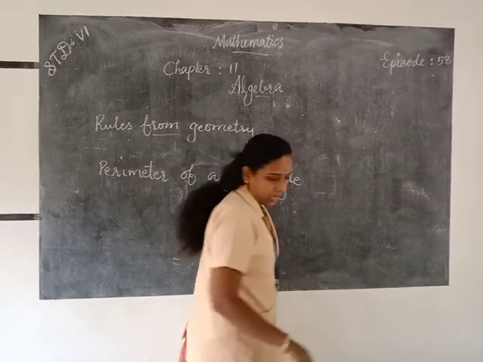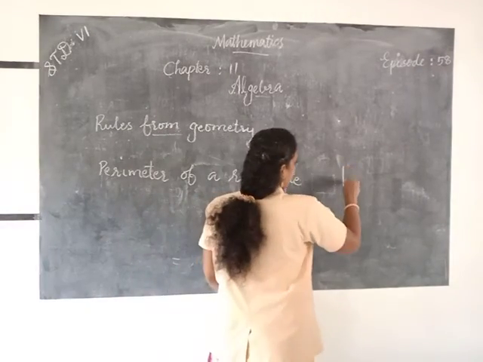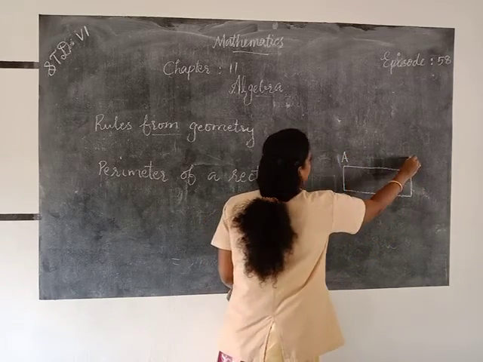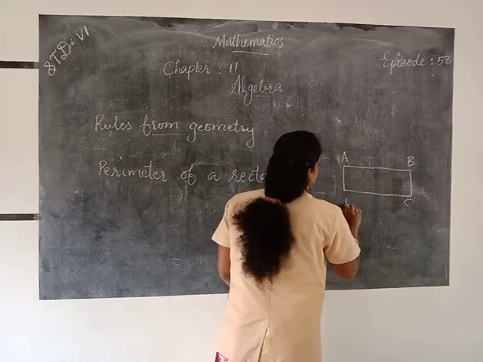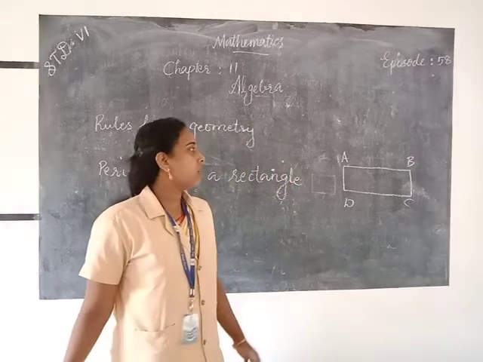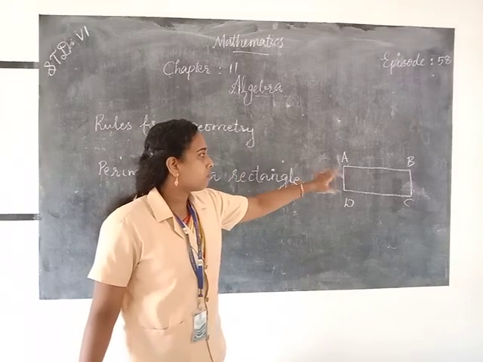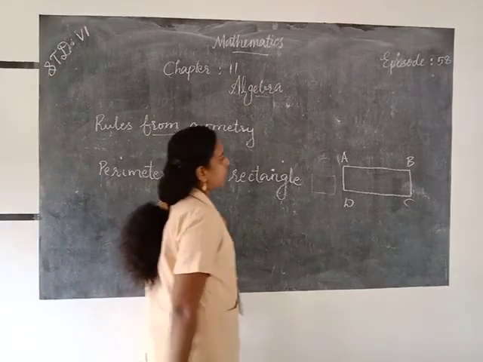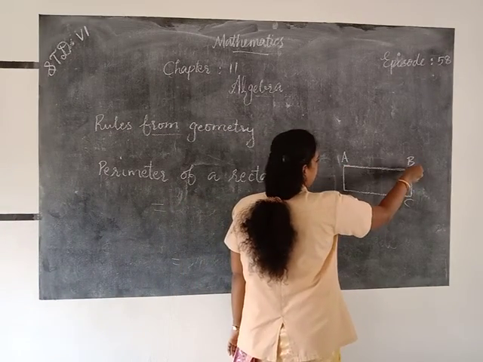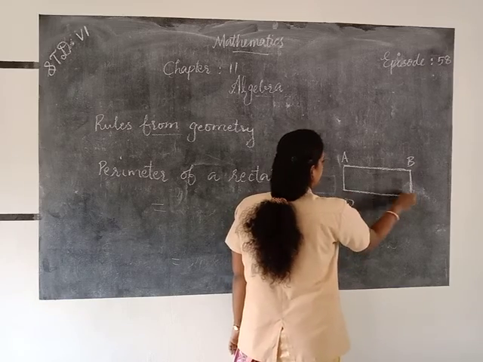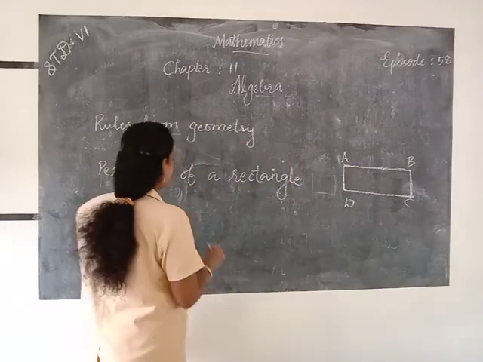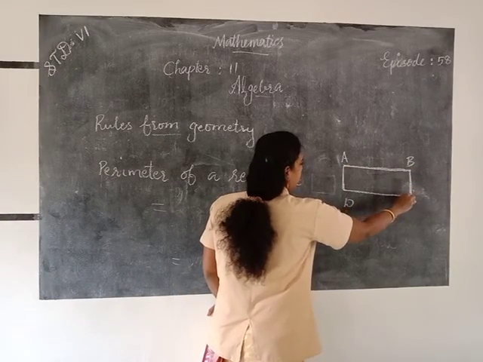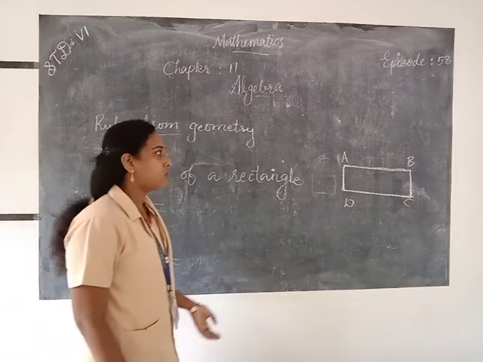Consider a rectangle ABCD. Then the perimeter of the rectangle is equal to the sum of the lengths of all the sides of the rectangle. That is, the sides are AB, BC, CD and AD. So we add all the sides, and then we get the perimeter of the rectangle.